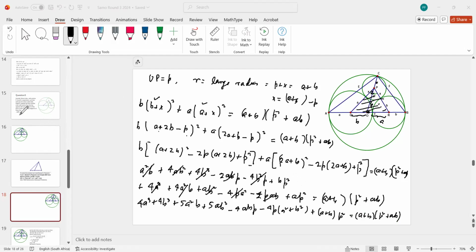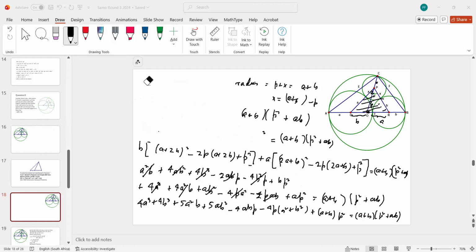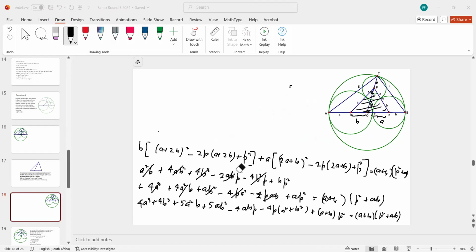All right, now I'm going to create some space. I'm really interested in this last equation. But one of the things that happens is this thing simplifies. Okay, now what happens here is that a cubed plus b cubed, a plus b comes out as a common factor.